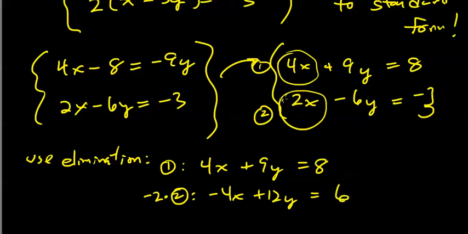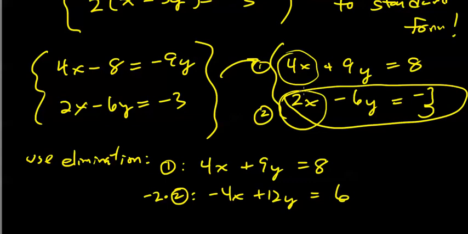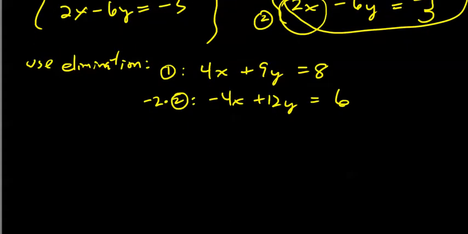So multiply this equation through by negative 2. Let me check it. Minus 4x plus 12y, and minus 2 times minus 3 is positive 6.